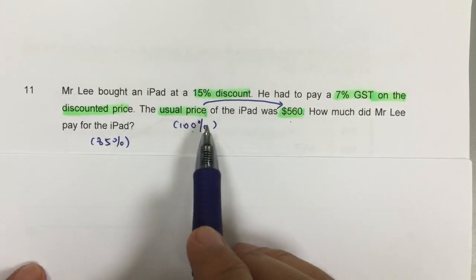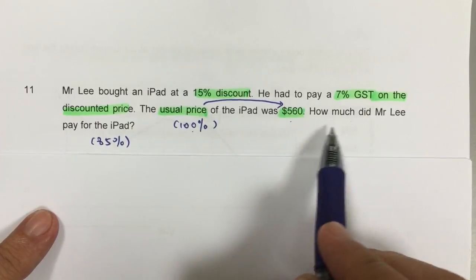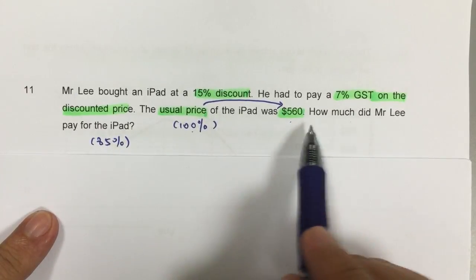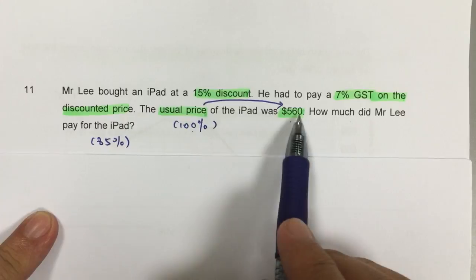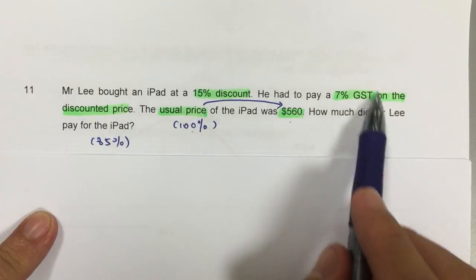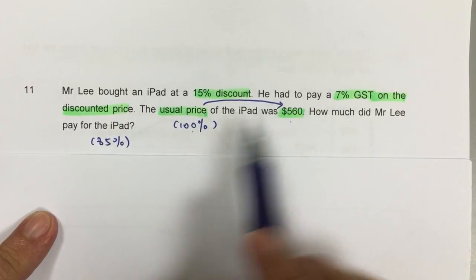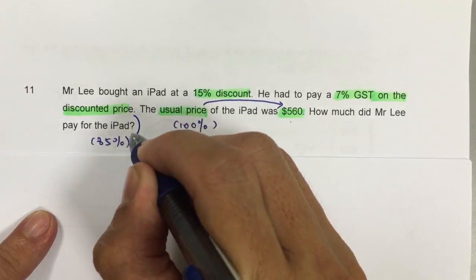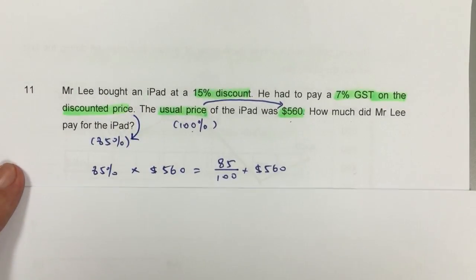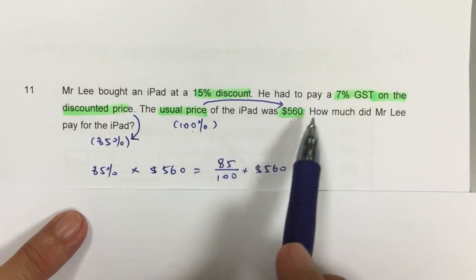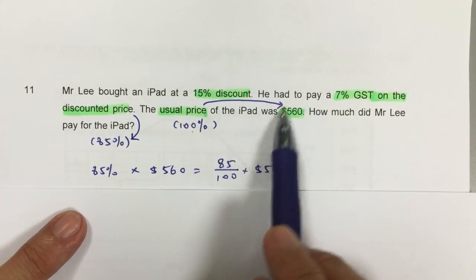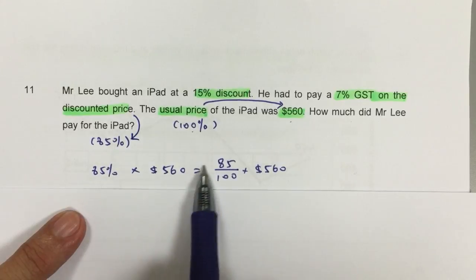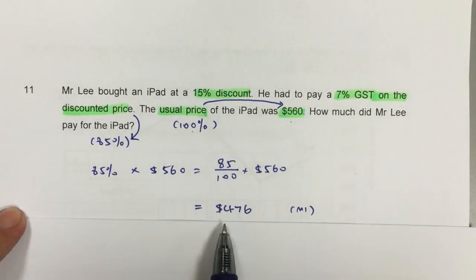So how much he pays will be 85%, and you have to add the 7% GST. So before that, work out what is the discounted price. Discounted price will be 85% times 560, you will get 476.